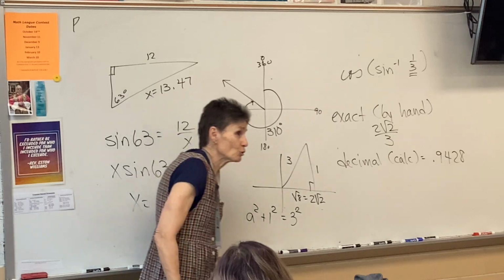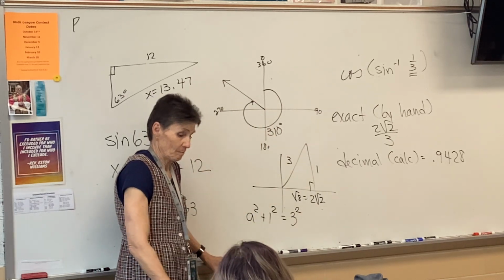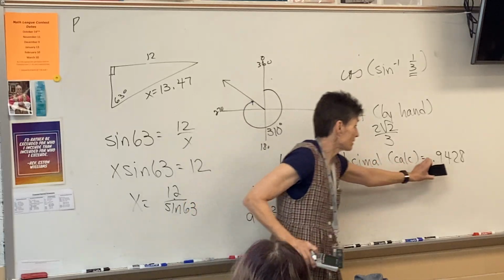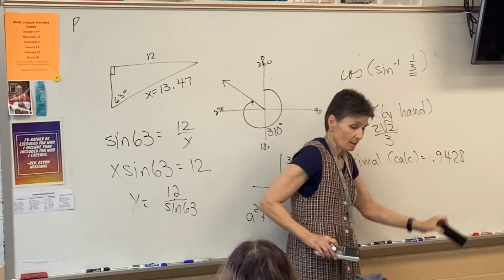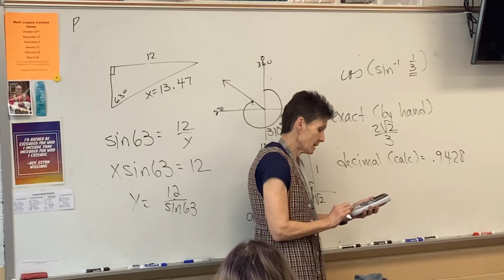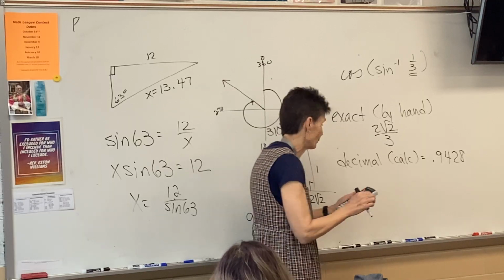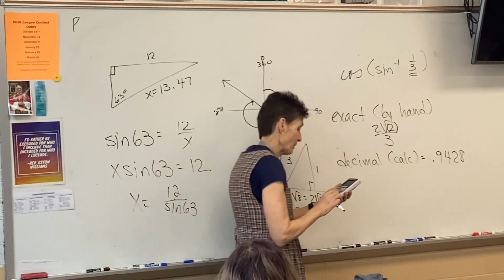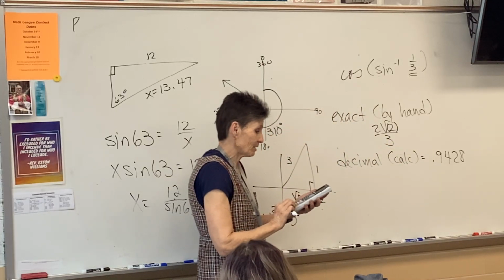Now, if I'm not sure and I want to check my answer, if I type this in on my calculator, isn't this what I should get? All right, just remember, when you type 2 radical 2, you need to close those parentheses before you hit divided by 3.